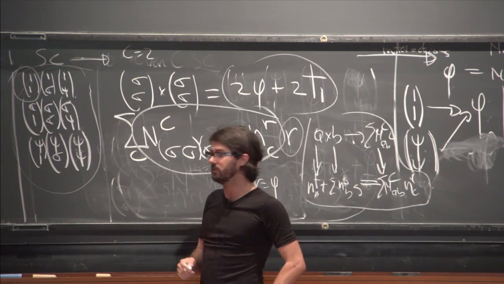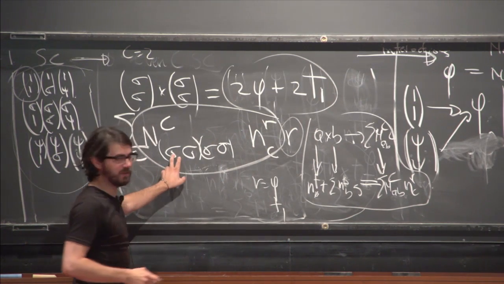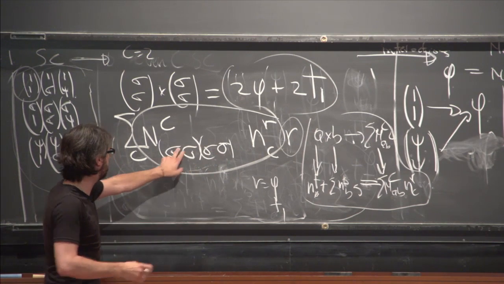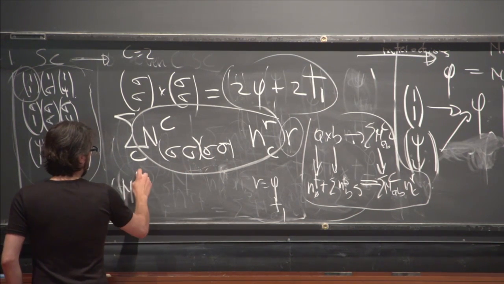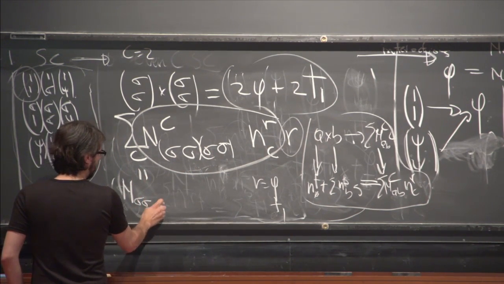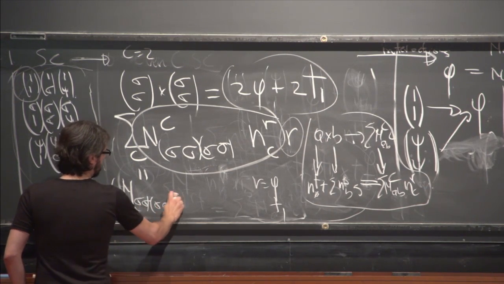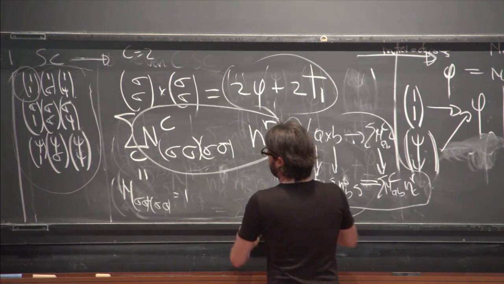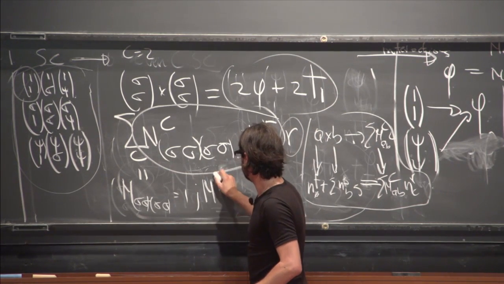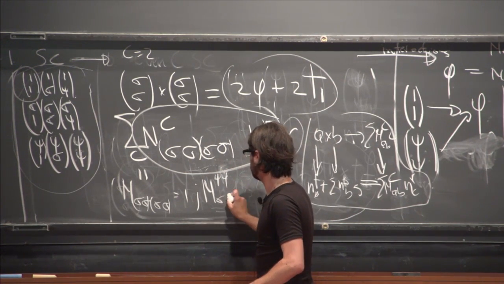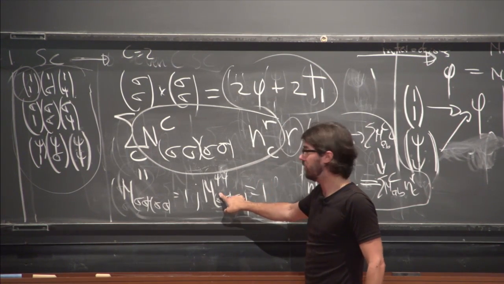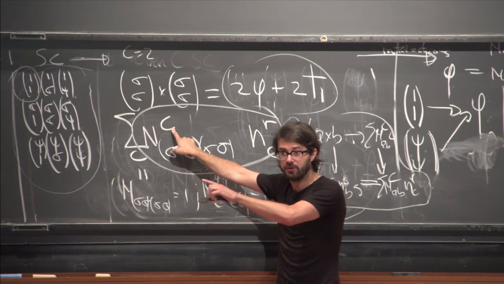This number is 2, and that's because if I sum this with this, sigma sigma times sigma sigma has n 1 1 sigma sigma sigma sigma equal to 1. It also has n psi psi, sigma sigma, sigma sigma equal to 1, just from the old theory.